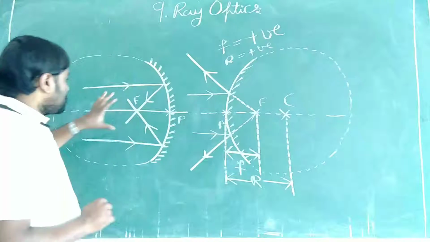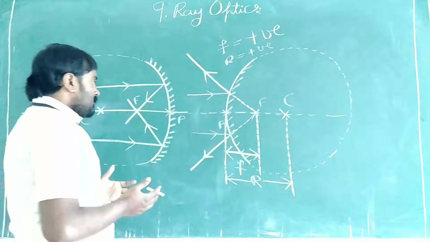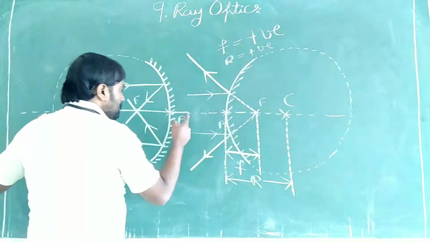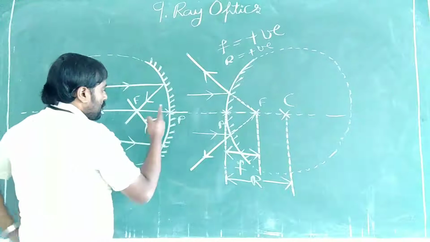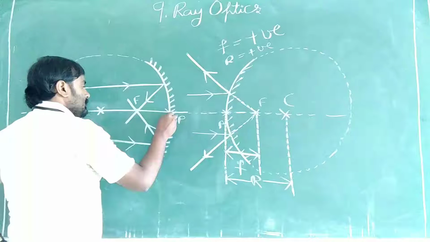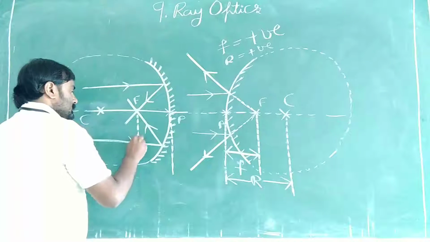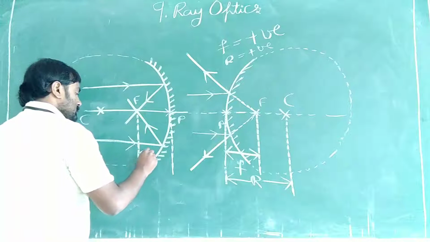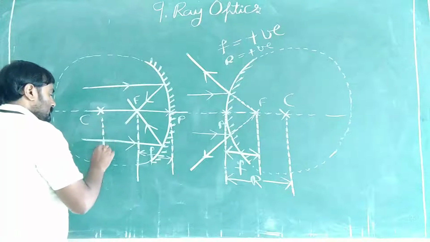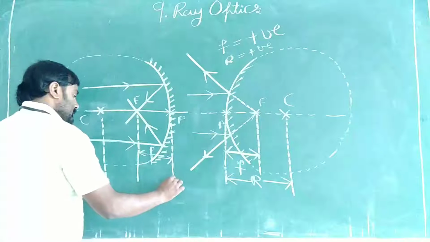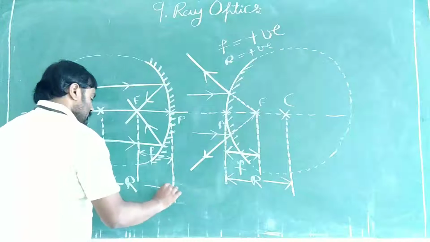But look at this diagram. All the distances are measured along the principal axis from the pole. Here, pole to focus is the focal length, and pole to center of curvature is the radius of curvature.